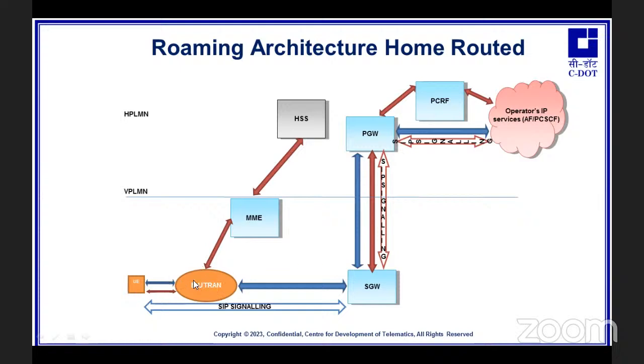It sends the attach request to the eNodeB. The eNodeB sends this attach request to the MME, and the MME knows that it is not a home subscriber because the PLMN is different. Depending on the PLMN, it knows the HSS IP for that particular UE, so it will send the request to the home HSS.